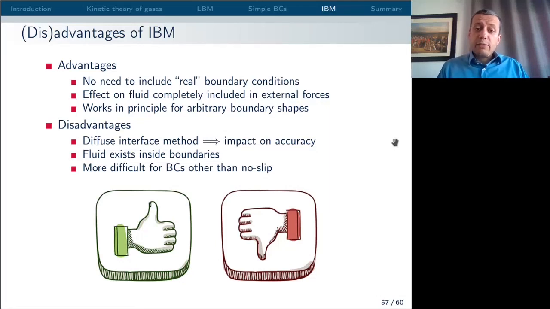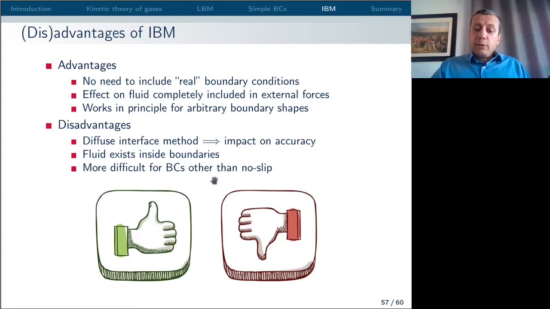Disadvantages: it's a so-called diffuse interface method, which means it's not exactly that accurate compared to other more complicated boundary conditions. There's also a fluid inside your solids. If you think about it, you just have the surface of the solid resolved by the immersed boundary method. There are several ways to work around that, but in the naive implementation, you only treat the surface of a solid, and you also have fluid inside your actual solid.